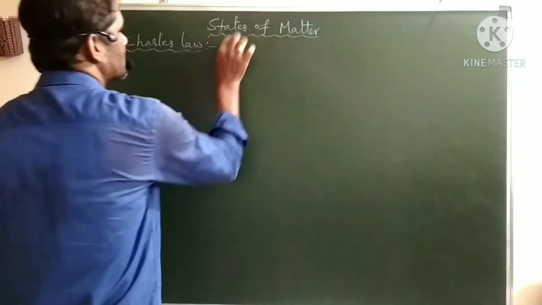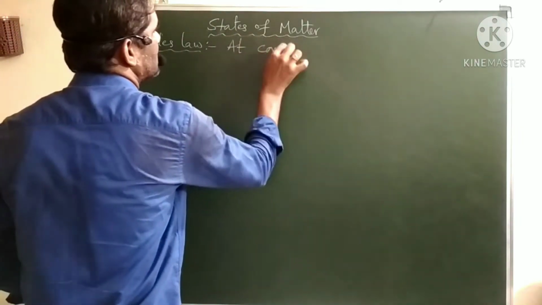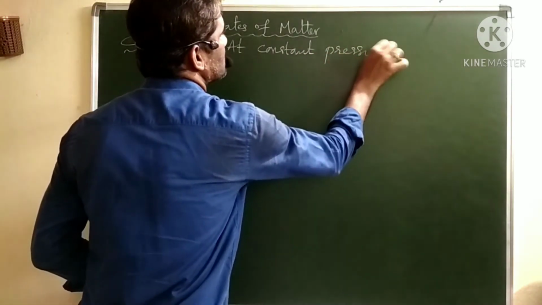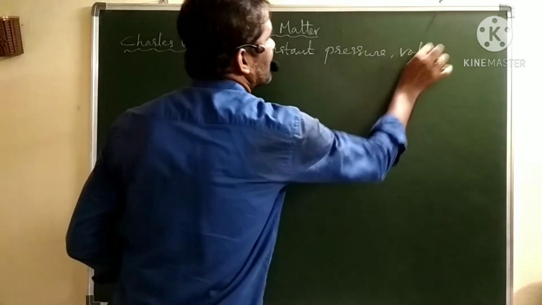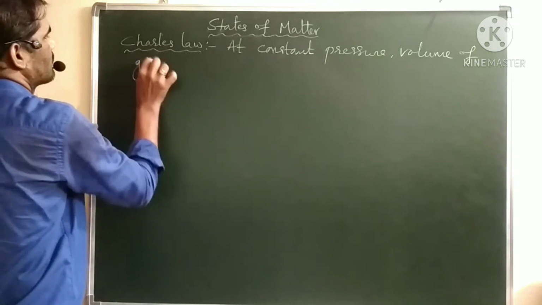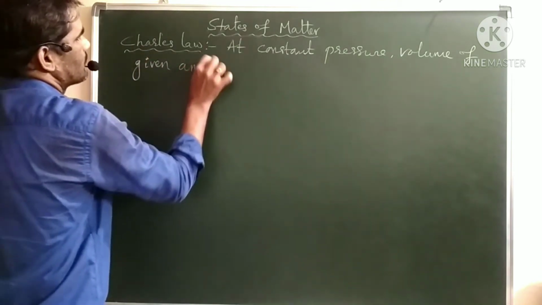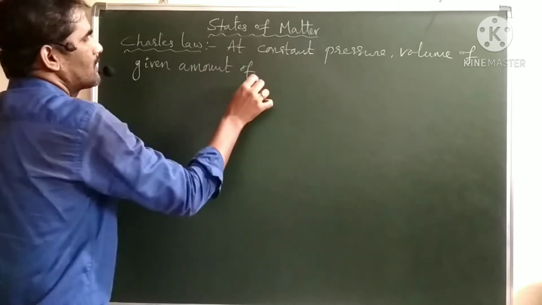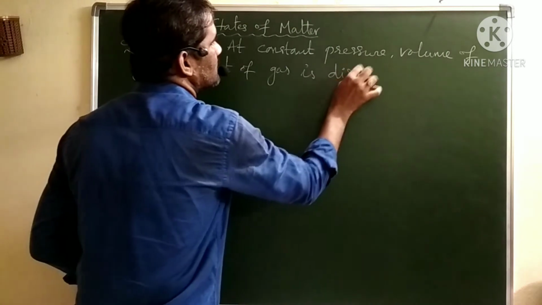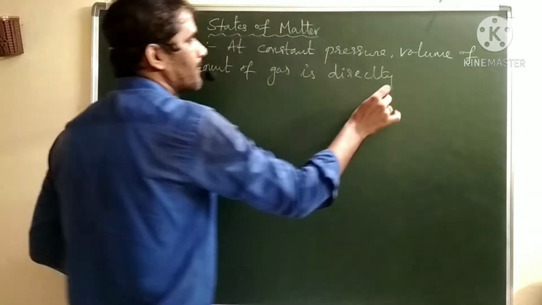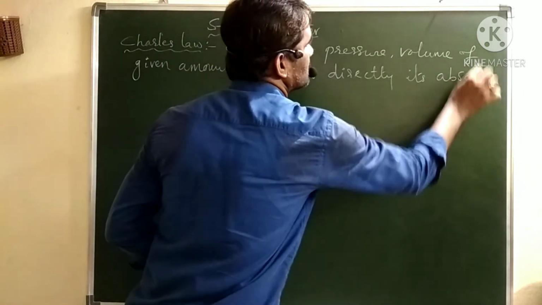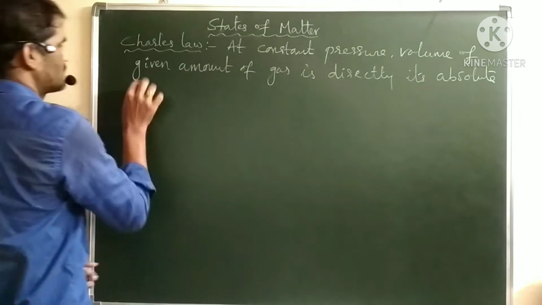So the statement is: at constant pressure, the volume of a given amount of gas is directly proportional to its absolute temperature.